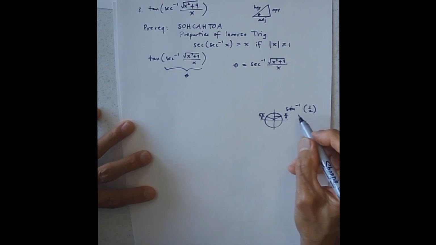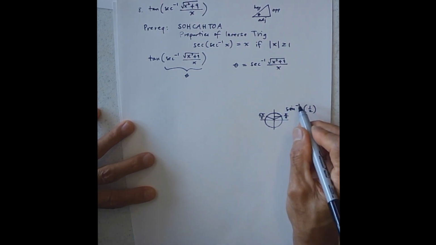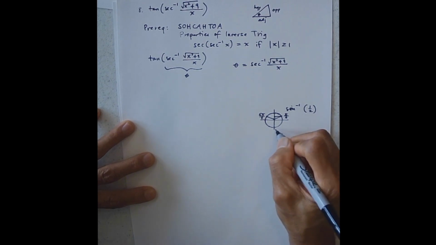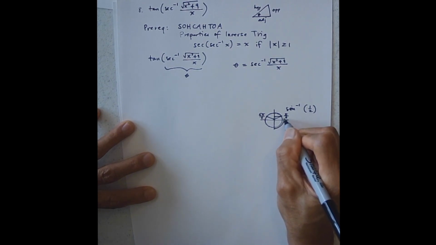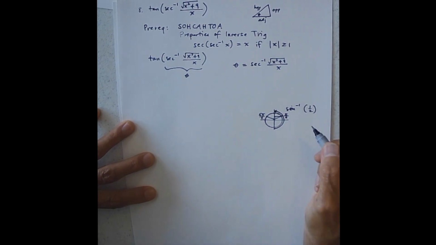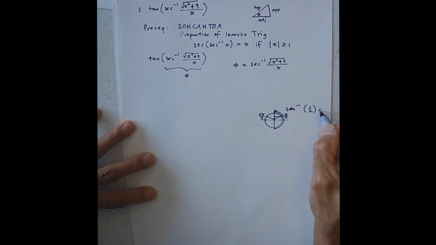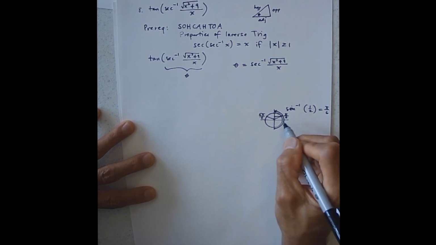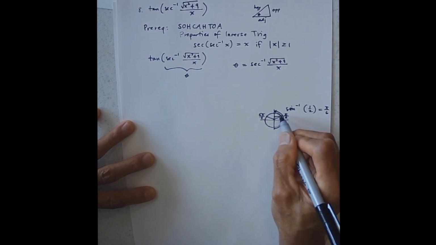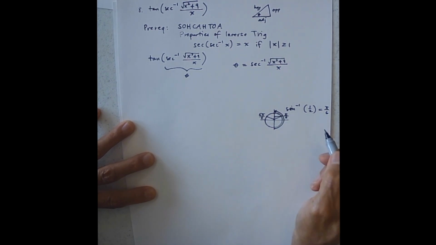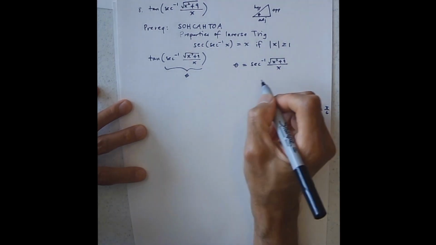But with the definition of the arcsine, we can only use angles from negative pi over 2 to pi over 2. What I'm saying is, though this is equal to 5 pi over 6, we will normally put simply pi over 6, because pi over 6 is within the range of the arcsine function. Okay? So here we go.